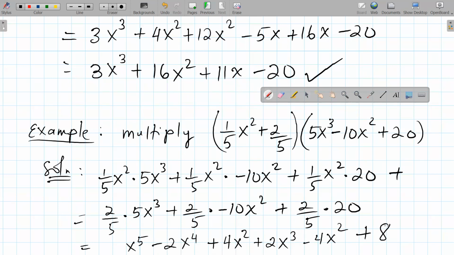So all you do will be to now simplify by collecting terms. So let's go to the next page and I'll do it there.